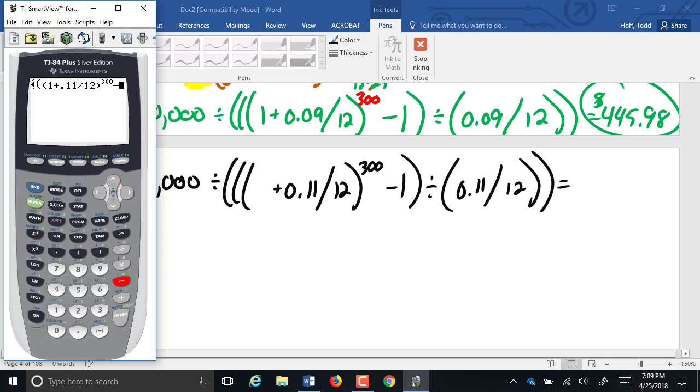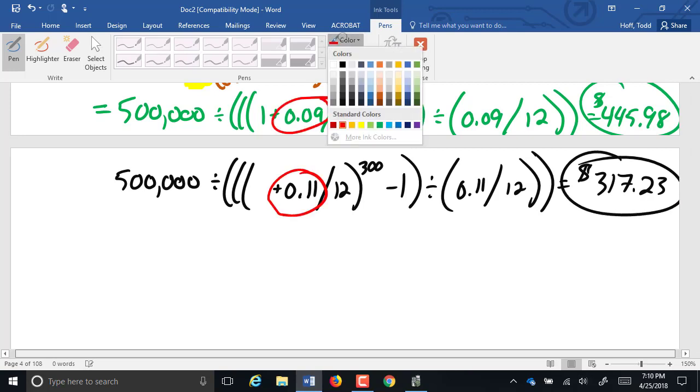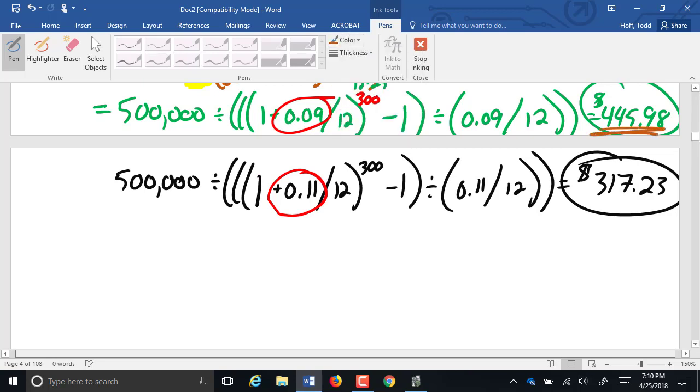There we go, $317.23. So that's that power of having an extra 2% interest, going from 9% up to 11% interest. Before you had to pay almost $450, now it's only about $320. And you'll get the same balance for 25 years. You're looking over 40 years. Can you imagine the difference it is?